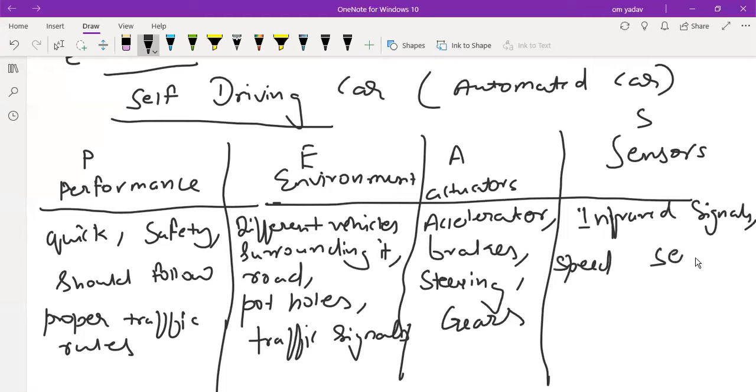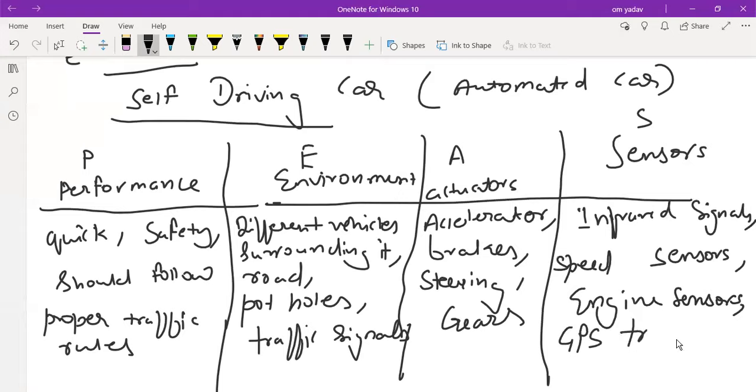Then we can have engine sensors. Then even we can have a GPS tracker. So basically we can have these different types of sensors. Many are there. So this is the example of a self-driving car or automated car.